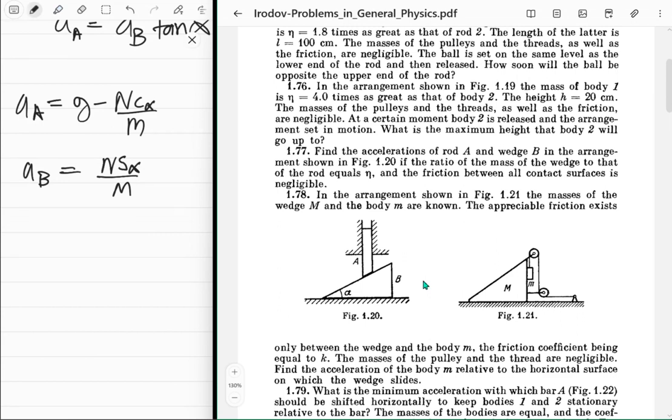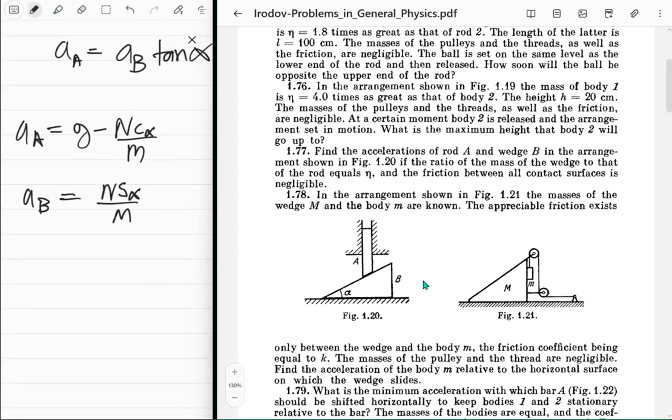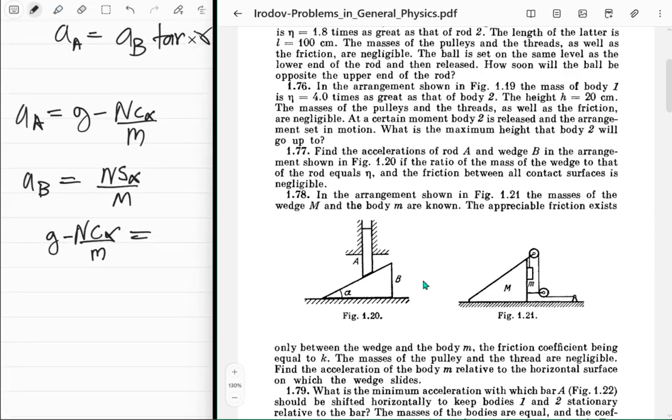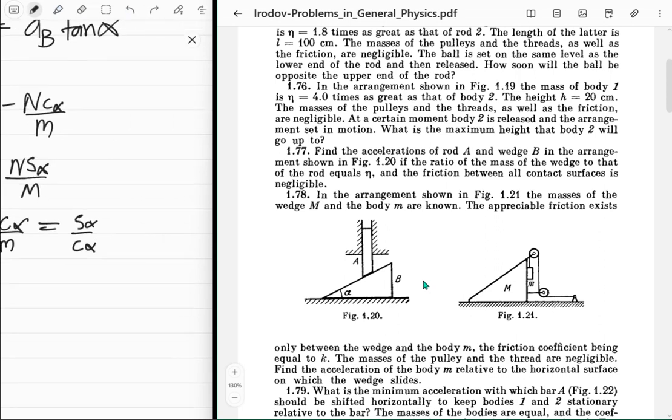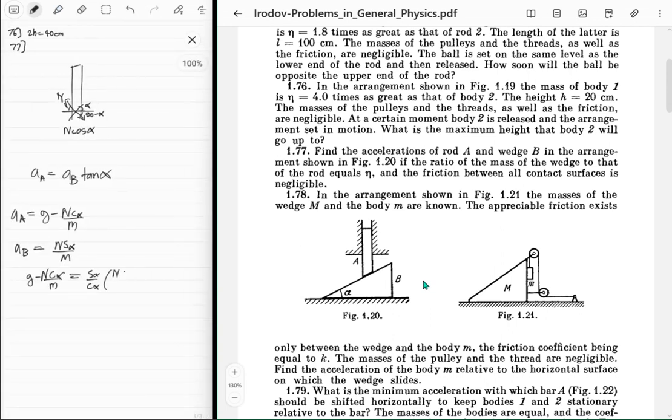All right, cool. Then you can plug that into this equation. So g minus n cosine alpha upon m is equal to tan alpha times the acceleration of B, which is this thing. Is this really supposed to be tan alpha though?